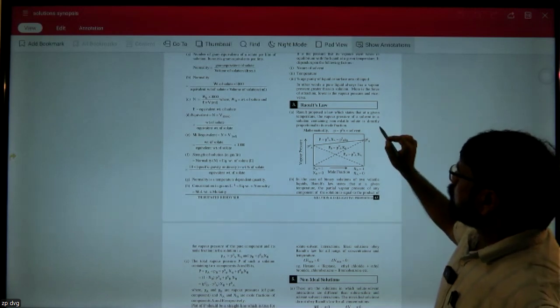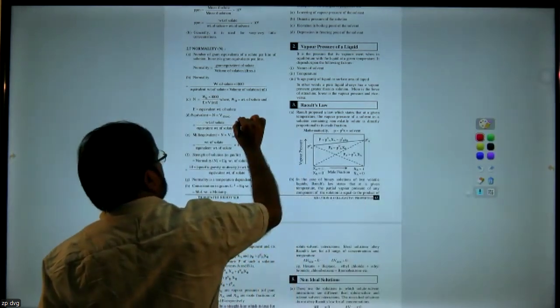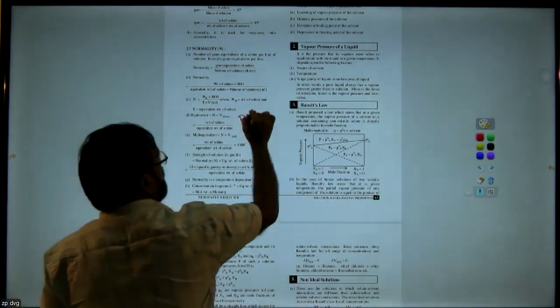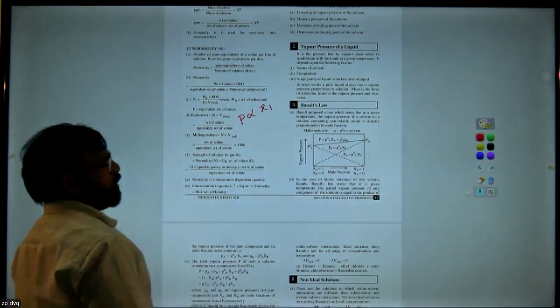So according to Raoult's law, the vapor pressure of the solution is directly proportional to the mole fraction of the solvent.